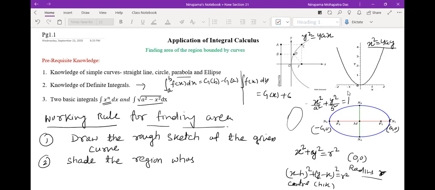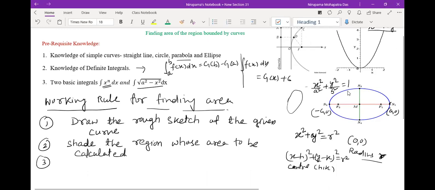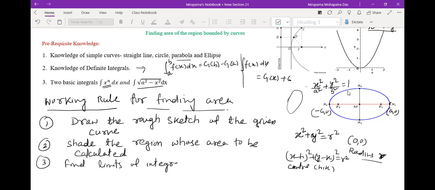The third step is to find the limits of integration. In simple curves, you will be given the limits in the question.